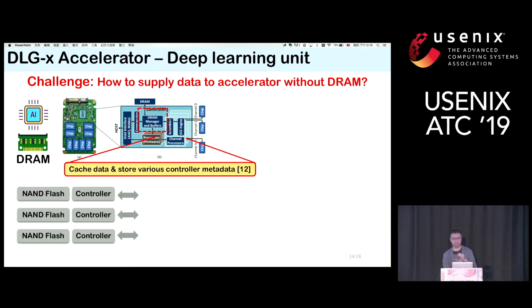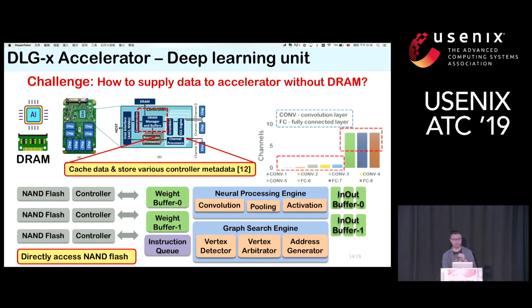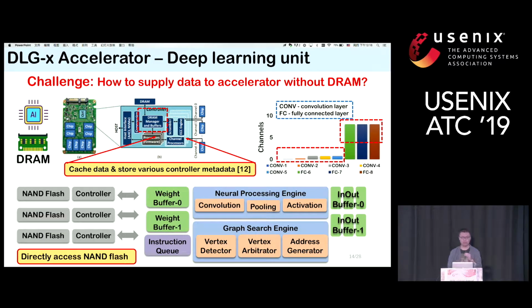Therefore, we expose the NAND flash controller to the DLG-X accelerator, which enables the DLG-X to read the related data from NAND flash bypassing the internal DRAM. Meanwhile, we also prove that the bandwidth of flash exceeds the demand of convolution layer. For fully connected layer, we only use the one column of P array to balance the bandwidth of the fully connected layer and the NAND flash.